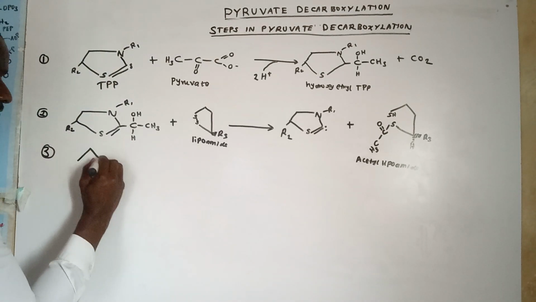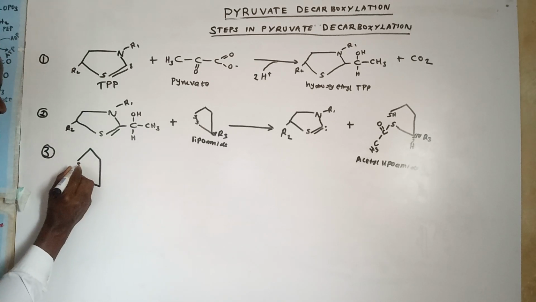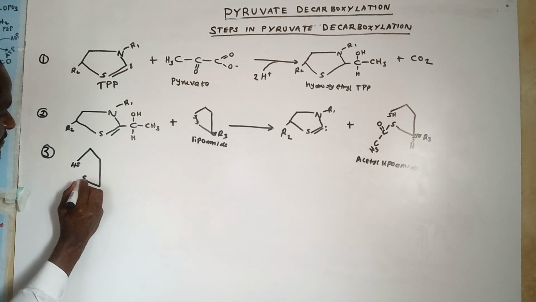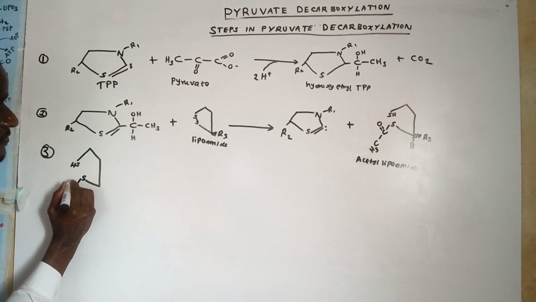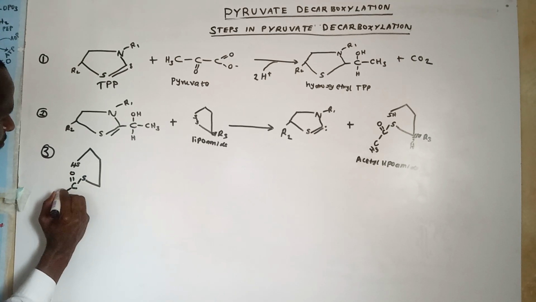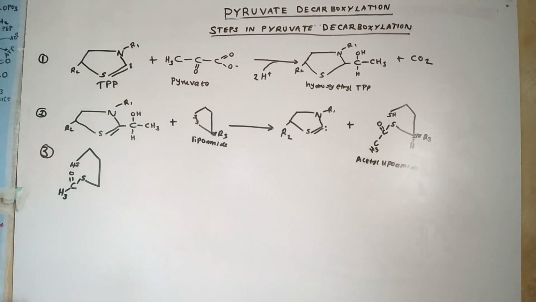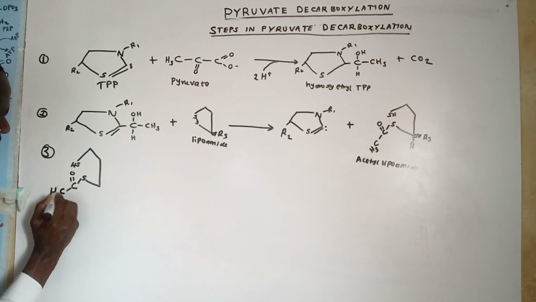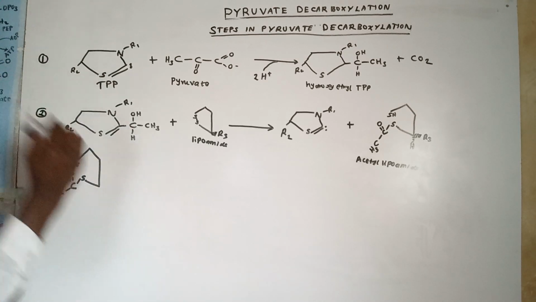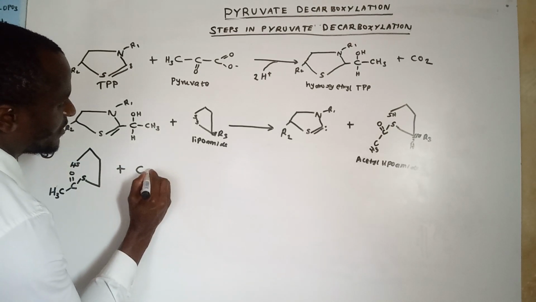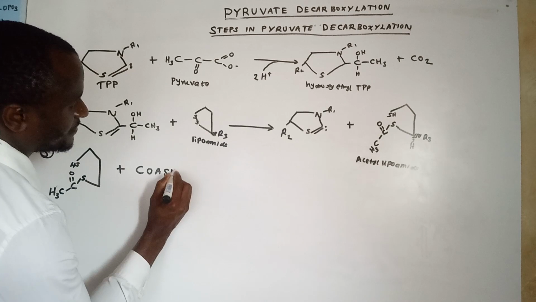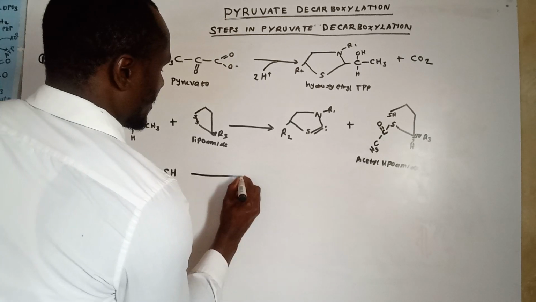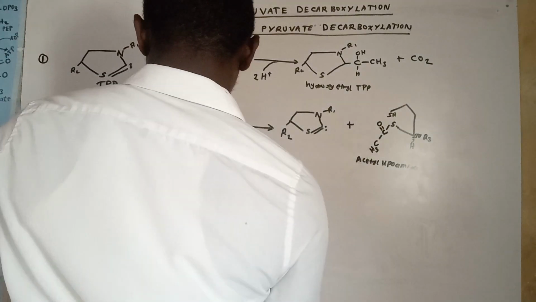So this is our molecule. This carbon reacts with our coenzyme A. And this forms acetyl-CoA.